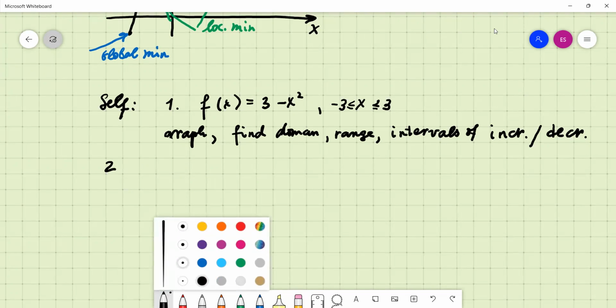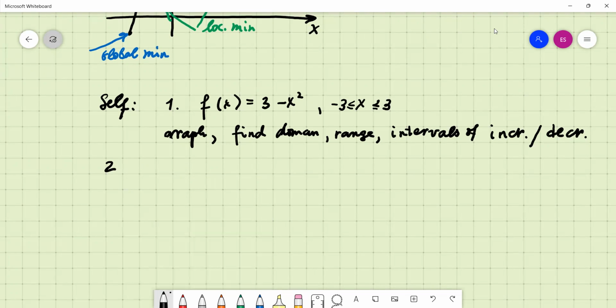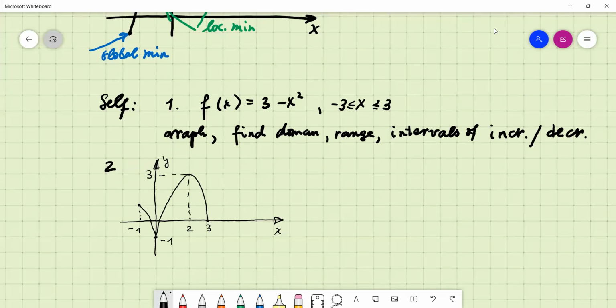One more time. Maybe I should use a thinner line. X-axis, y-axis, and this is -1. This is 1, 2, 3, and this is 3. That's x and that's y.